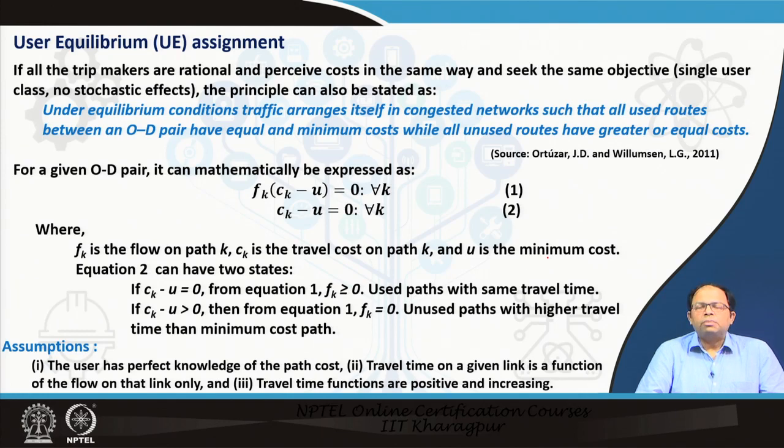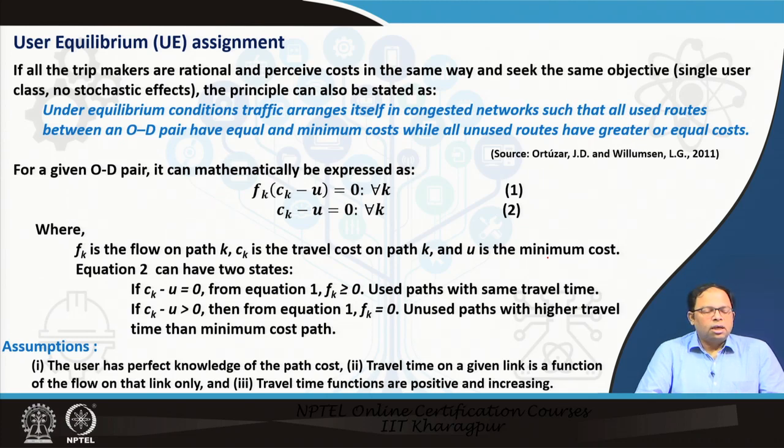Then the principle could also be stated as: under equilibrium conditions, traffic arranges itself in congested networks such that all used routes between an OD pair have equal and minimum costs, while all unused routes have greater or equal cost.